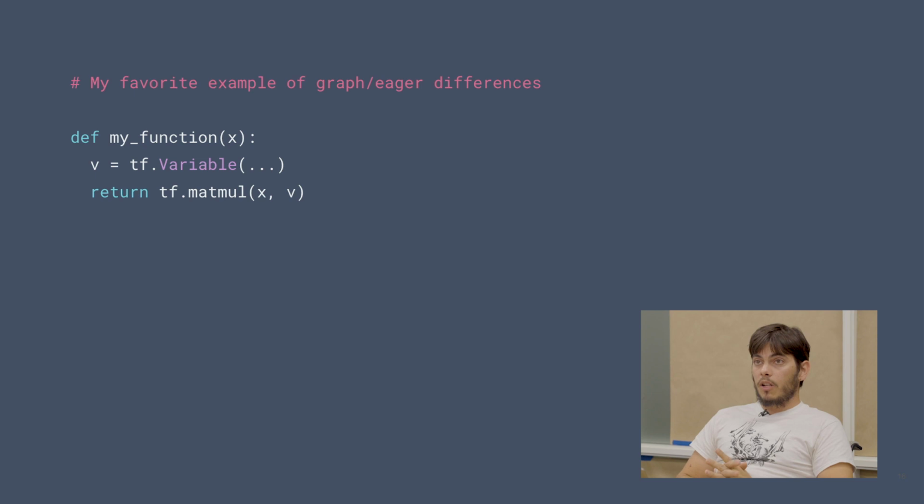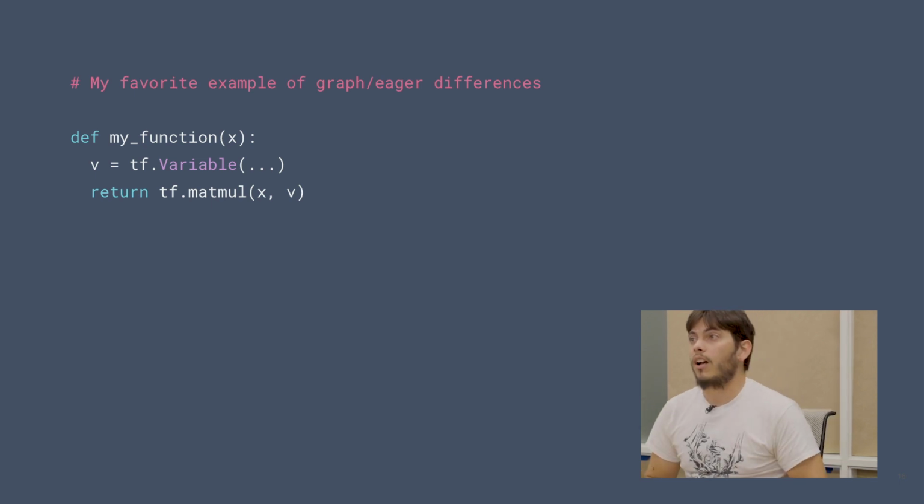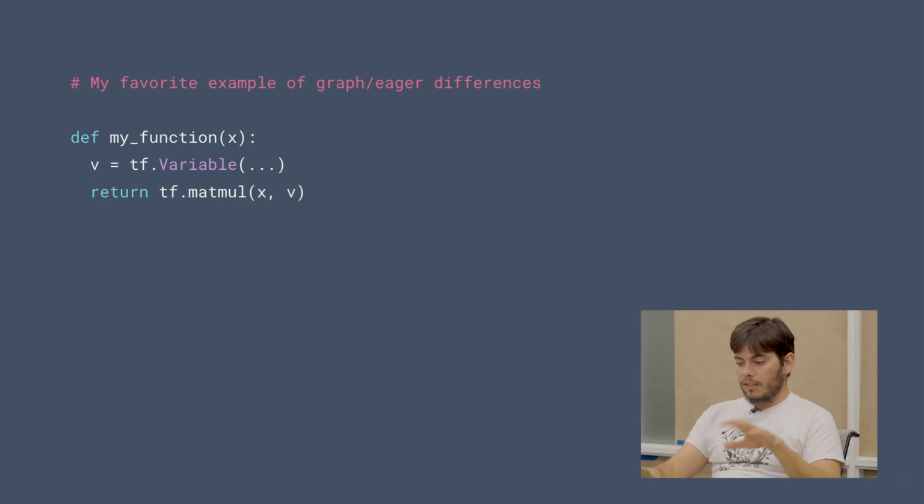So in tf.v1, you run this function, it uses a single variable, and you get to modify its value, and then call session.run on the result and get different numbers out. But in eager mode, every time you run this function, we create a new variable, do a matrix multiplication, and throw it away. So if you have code like this, your code is something that's going to visibly see the differences between TensorFlow v1 and TensorFlow v2.